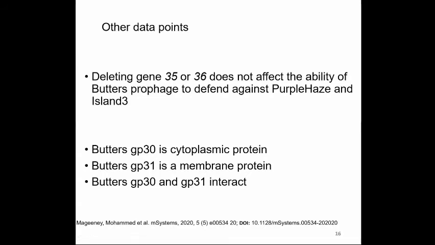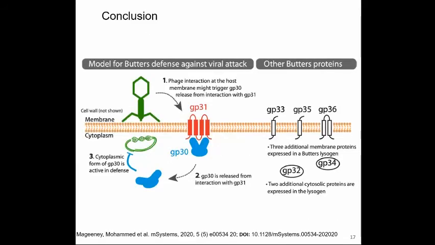So putting all these things together, we can hypothesize a model through which Bares prophage defends against Purple Haze, for example. So in this cartoon, I'm showing Purple Haze here as this green phage, and this is the bacterial membrane, which is separating the outside of the bacterium from the inside of the bacteria.